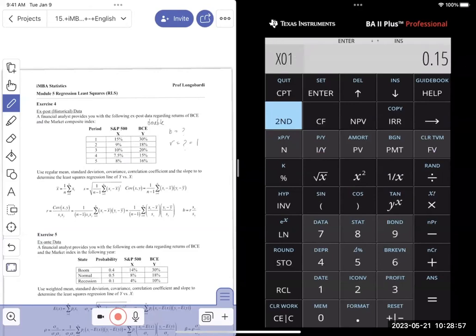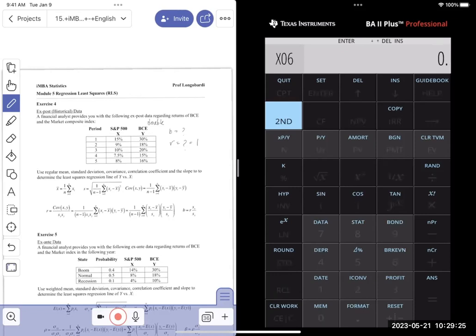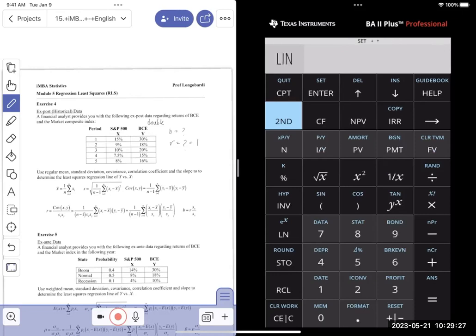You can put them in as decimals. And then get the stats.